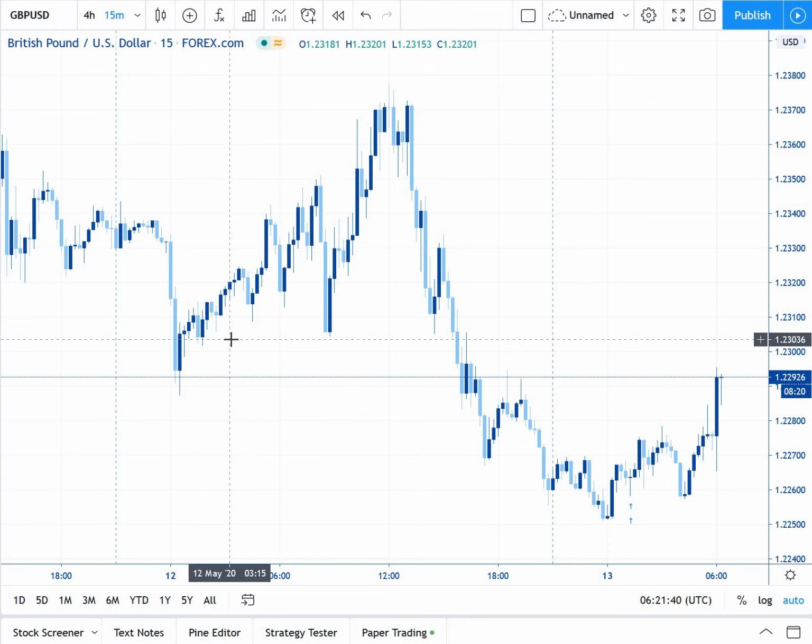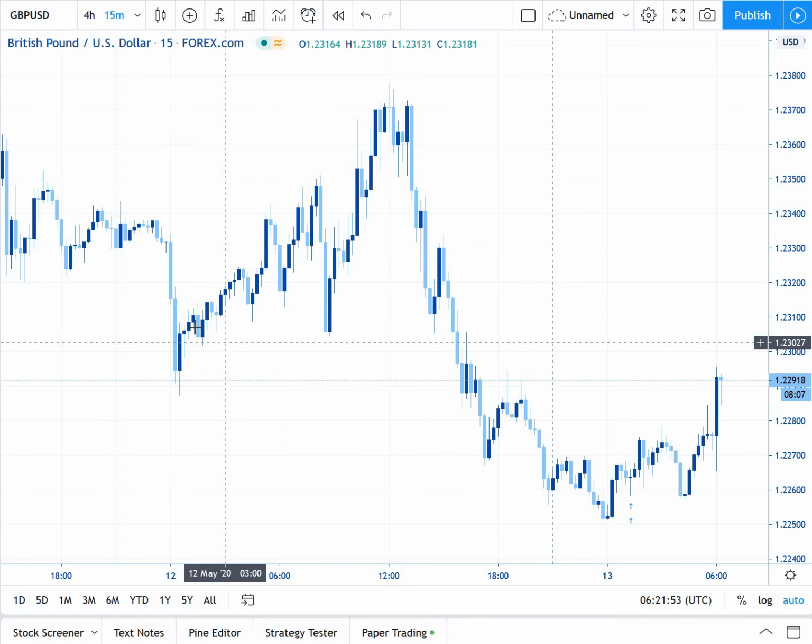Let's go a little bit higher than 23, but I just want to make sure I get filled on both the take profit and the sell, looking for 121.10.